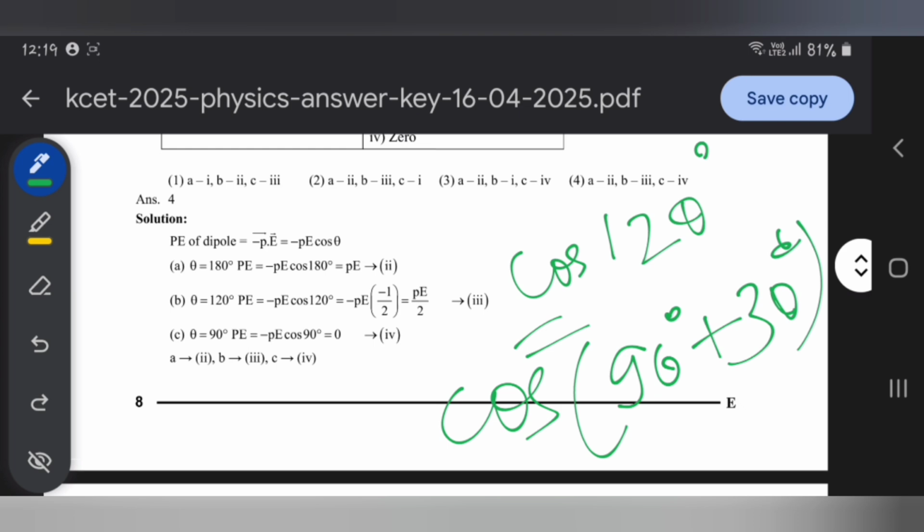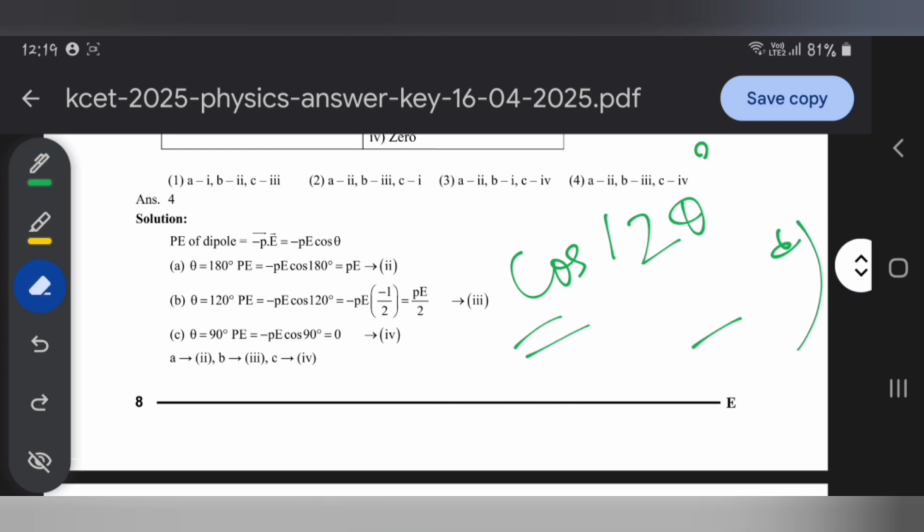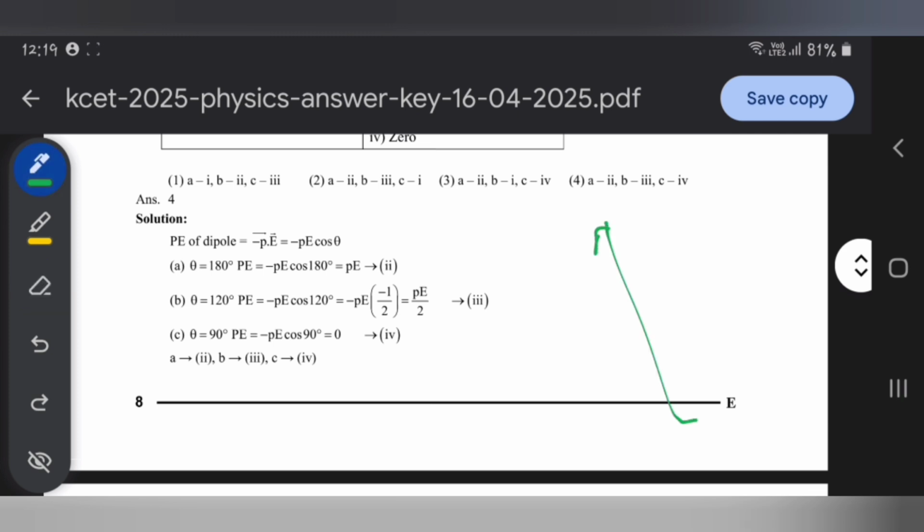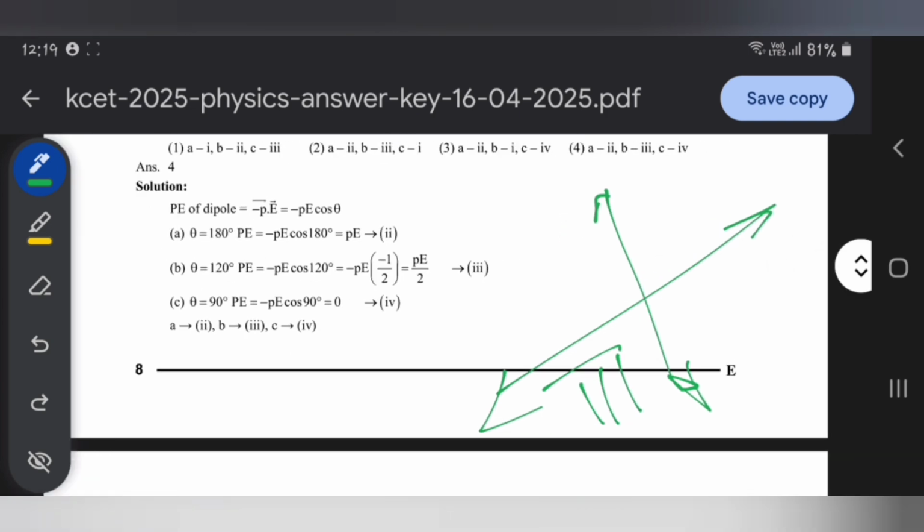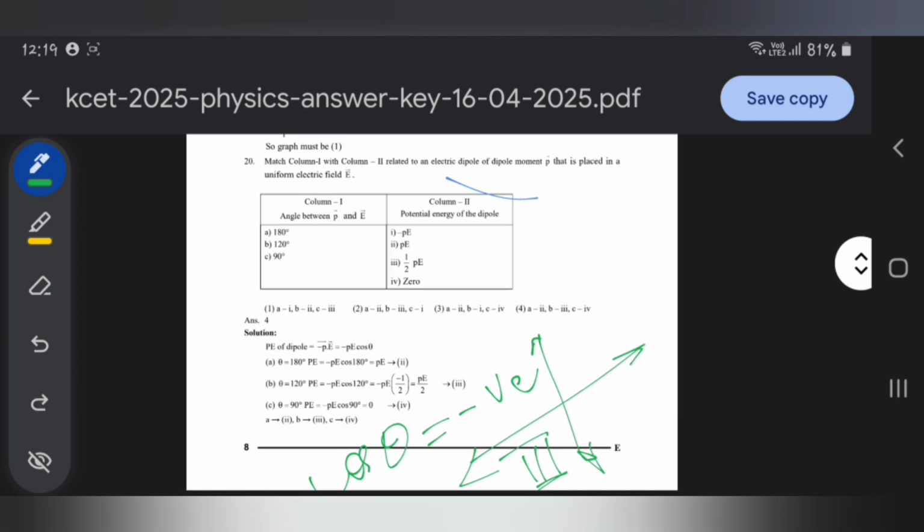Now, cos of 90 plus something, which quadrant is it? Many might forget it. So it is the second quadrant, and obviously you know that cos here will be negative.